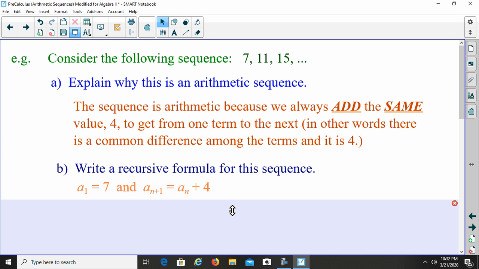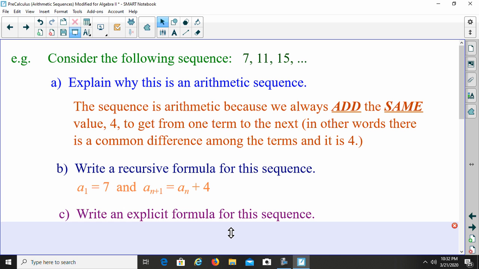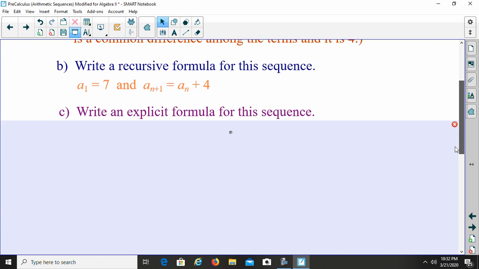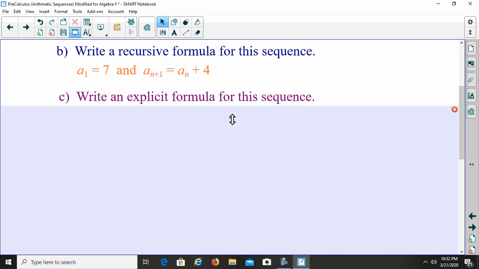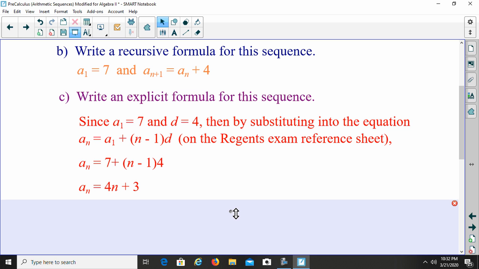There's a better way, and that's the explicit formula. And that's what we're asked to do in the C part. Write an explicit formula for this sequence. All right. So here we go. In this sequence, remember a sub 1 was 7 and d was 4. We're going to substitute into the equation from the previous page that I told you to write down.